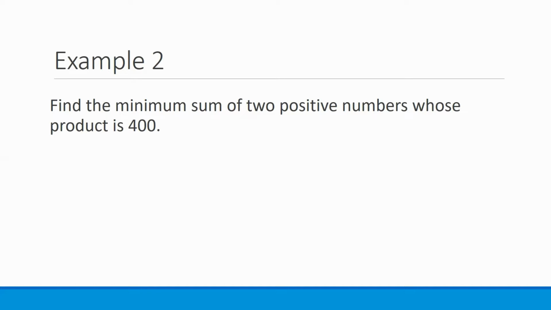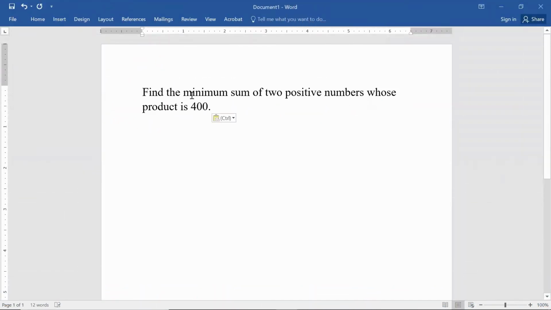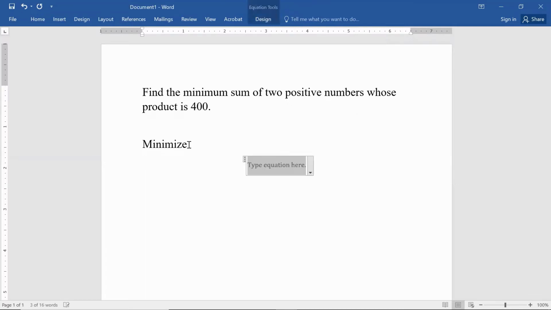Example 2 asks us to find the minimum sum of two positive numbers whose product is 400. So if I were to translate this into mathematics, I would say we want to minimize a certain sum. I'll call that sum S. A sum of two positive numbers.